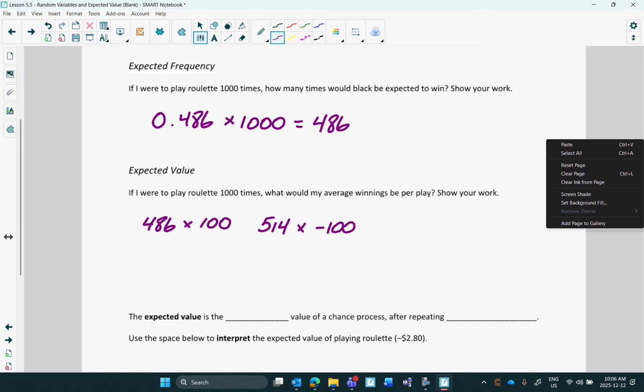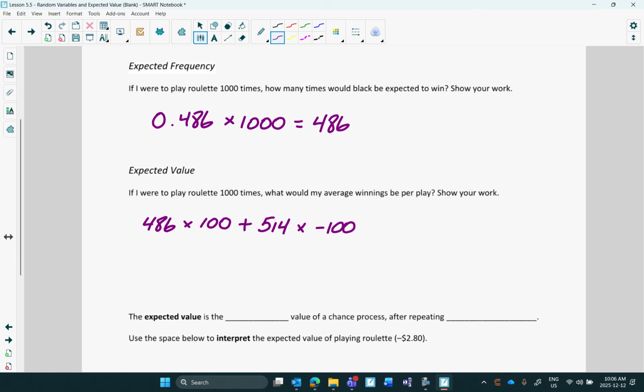This or this could happen, and or means add. So we get 48,600 minus 51,400, which gives us negative 2,800.